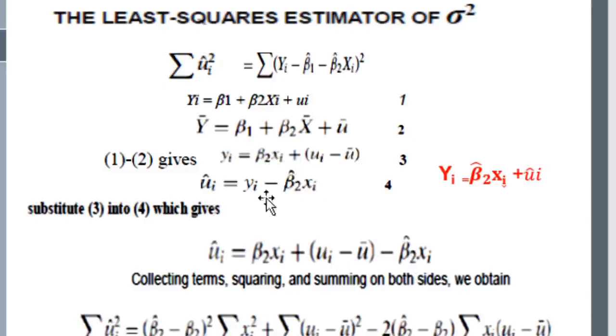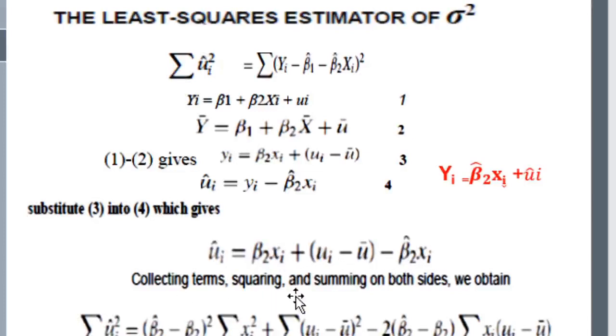That is what we have done. First we have this linear equation, then its mean value is given, then subtract this from this one. From the deviation form we defined ui cap and replaced yi using equation 3. That will give ui cap equal to beta 2 xi plus ui minus u bar minus beta 2 cap xi.